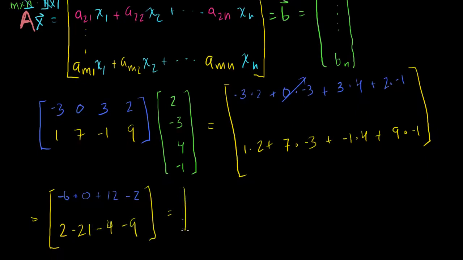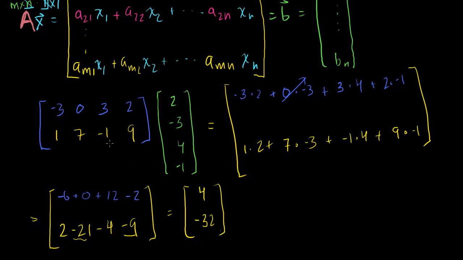So this is equal to this top term. Let's see, I have minus 6 plus 12 is 6, minus 2 is 4. And then I have 2 minus 21 is minus 19. I want to make sure I get the math right here. Minus 21 minus 9 is minus 30. And I have a minus 34, and then a plus 2, so minus 32. So that's my product right there.